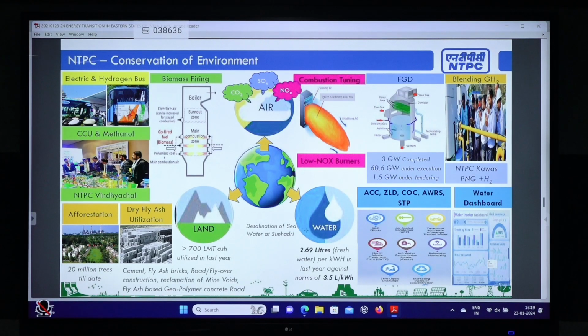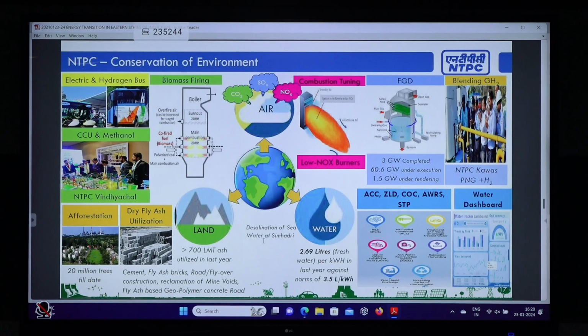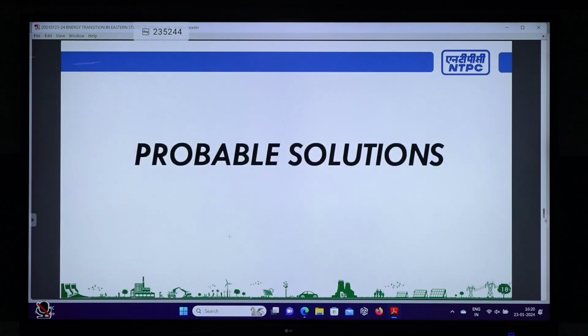Though the norm is 3.5 liters per unit of electricity, we have reached 2.7. Using air-cooled condensers, ACC, further gives an 80% reduction in water consumption. Then zero liquid discharge, then use of STP water. Wherever it is available, we are ready to take STP water, so we don't want to use fresh water. Ash utilization, afforestation, all those things are being done.